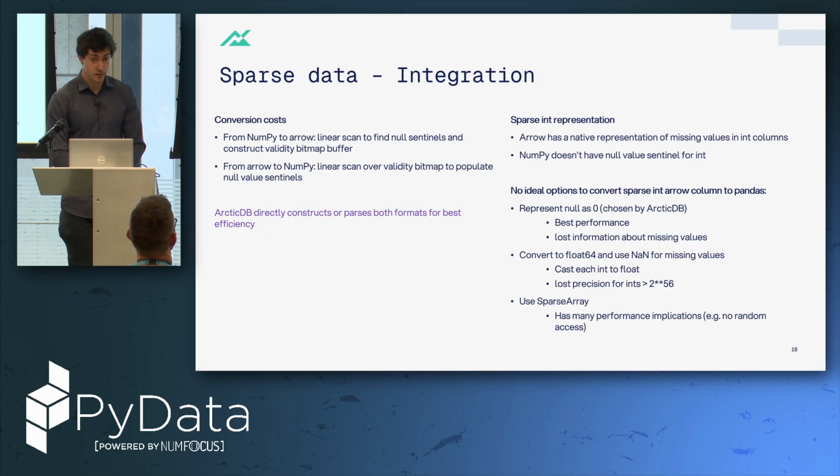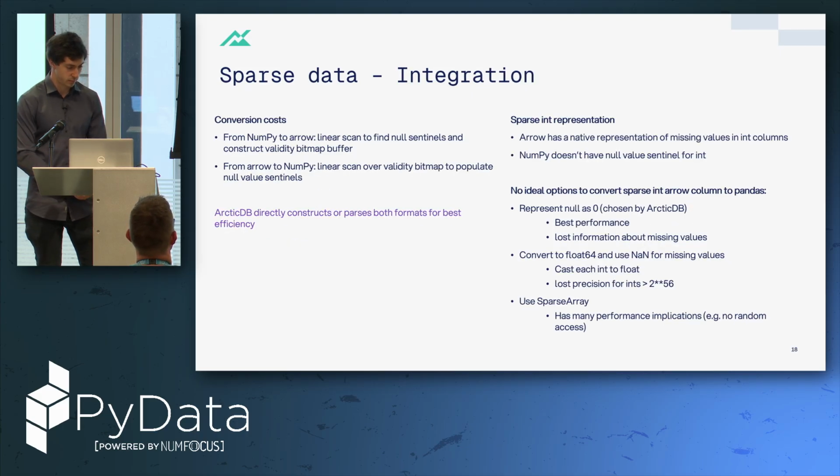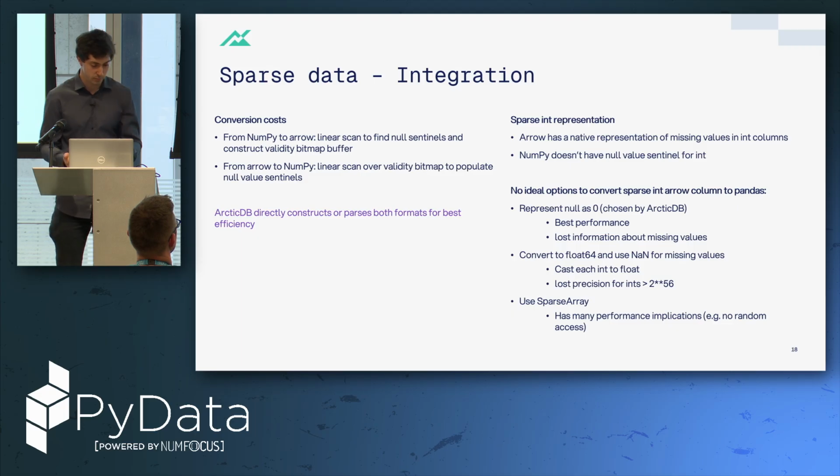So how do we integrate the different sparse data? In terms of conversion costs, NumPy to Arrow or Arrow to NumPy, it's essentially a different memory layout, and we can't really avoid doing a linear scan to find where the no-value sentinels are, or to find where the validity bitmap is set to 0, and assign no-value sentinels or assign values to the validity bitmap buffer.